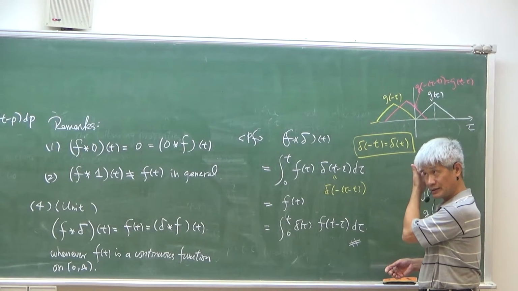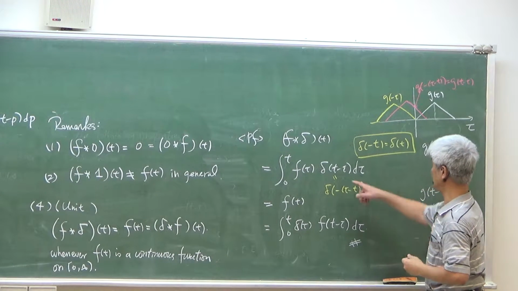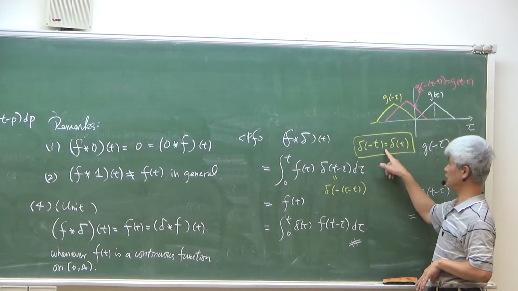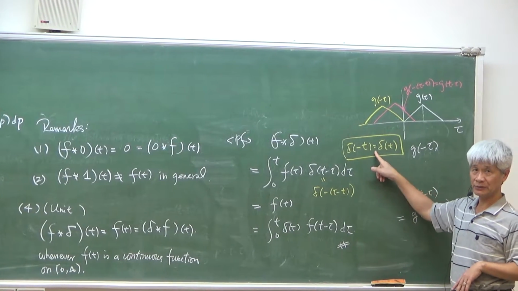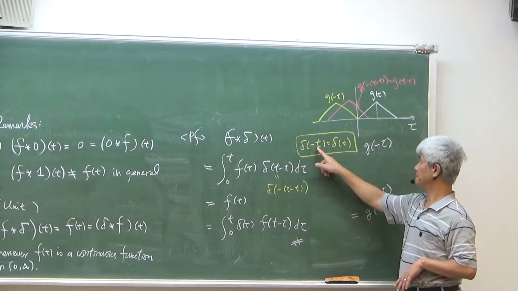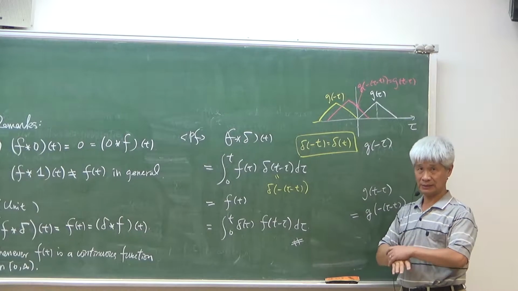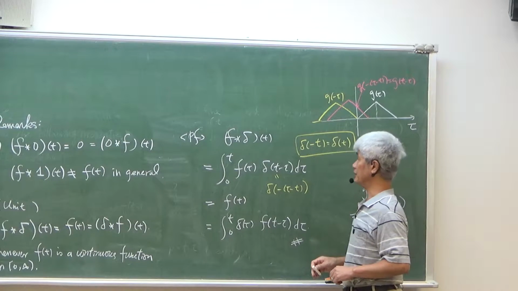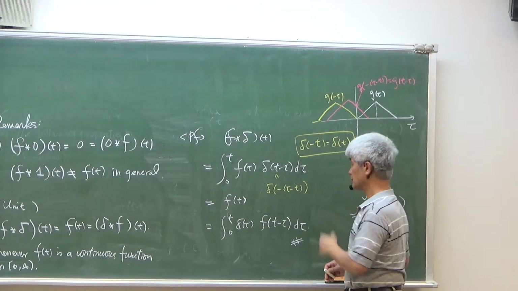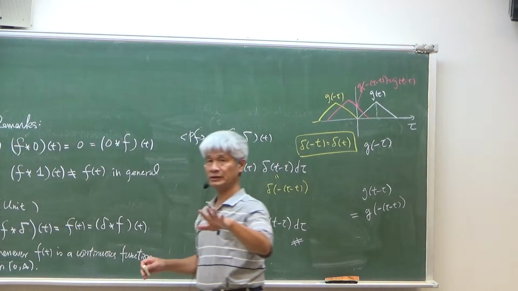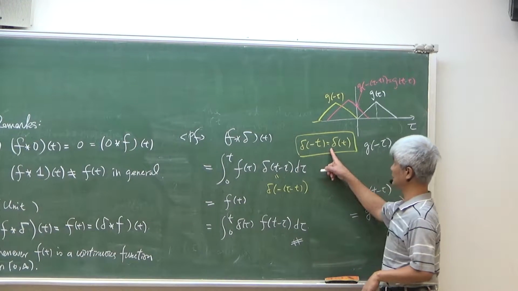I have to say a few words about here. Actually, I use a property called the even property of the Dirac delta function, where delta of minus t is equal to delta of t. You can go back to our definition of the impulse function to prove that.